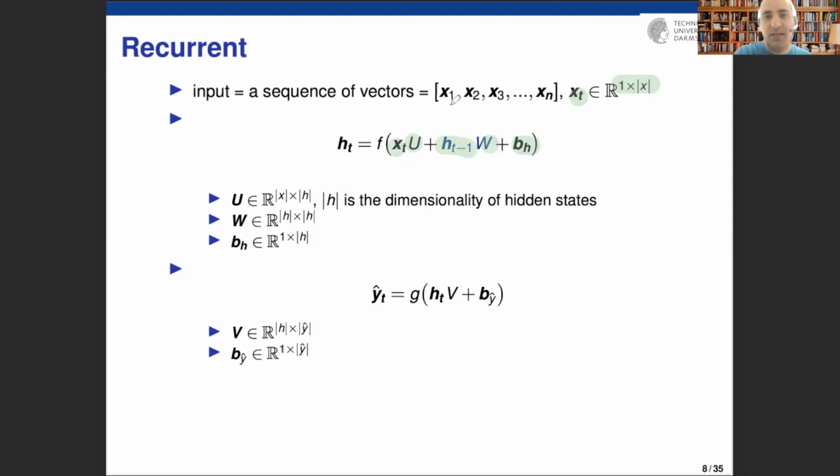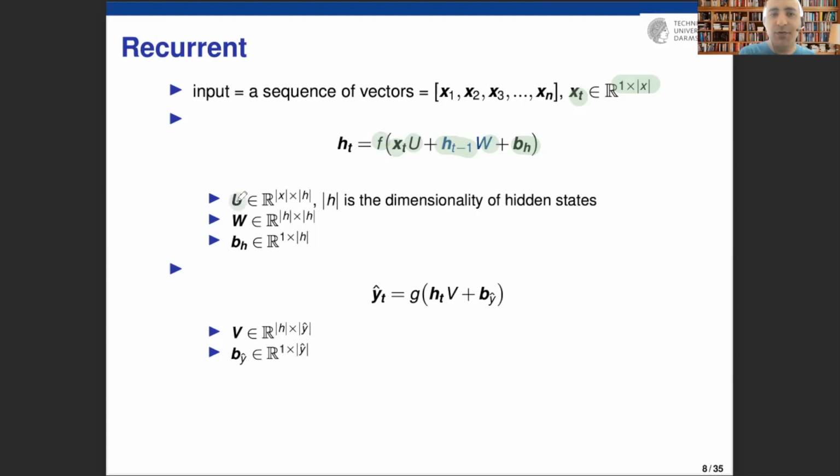So the activation function here is, for example, f. This activation function is used for the hidden state. It doesn't need to be identical with the activation function that we use for the output vector, but it can be identical.